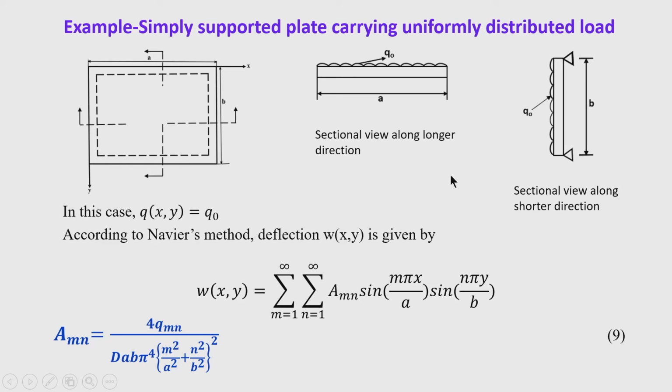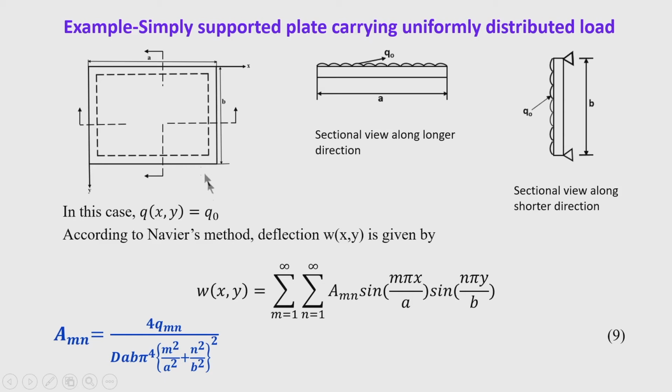Okay. The aspect ratio of the plate is a by b. Now, here the q x y, the loading function that we consider in the solution, is now a constant quantity which is uniformly distributed load per unit area. So, it is denoted as q naught.